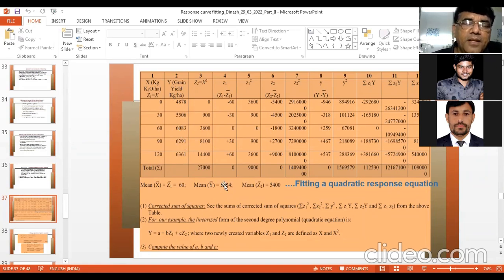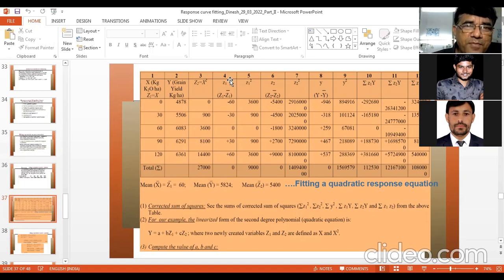Then comes your Z2, which is your x square. So you square the values of Z1, since Z1 is equal to x, and make column number 3. So 0 square is 0, 30 square is 900, 60 square is 3600 and so on.